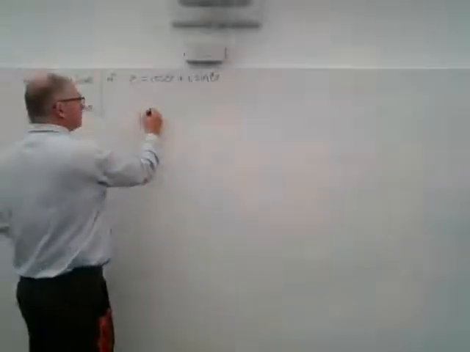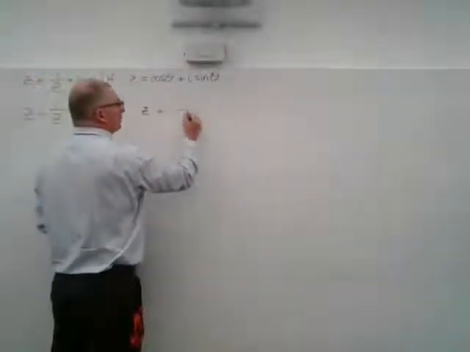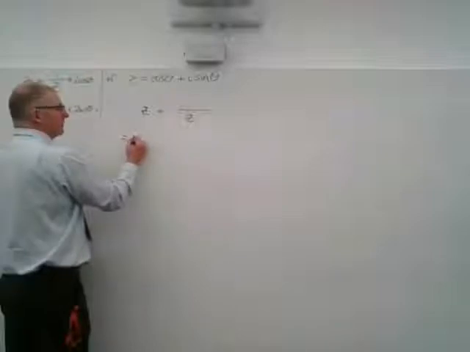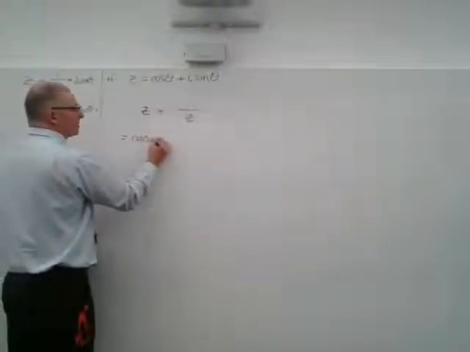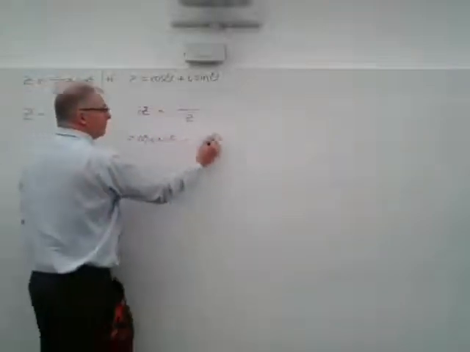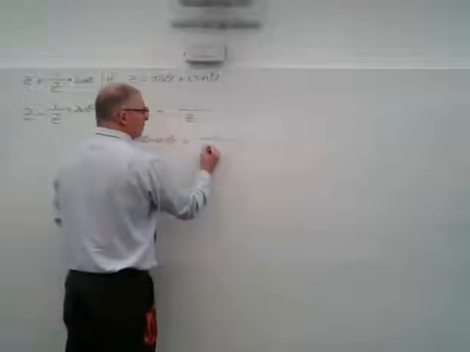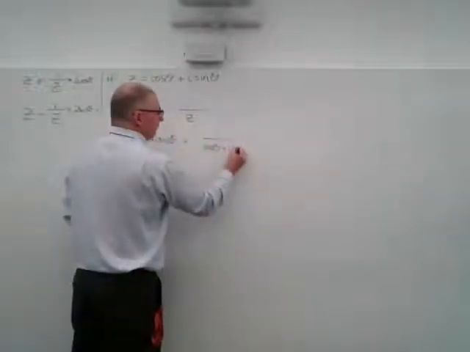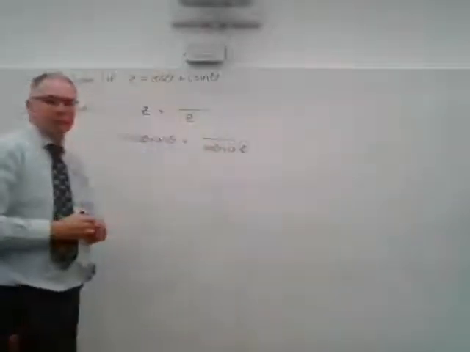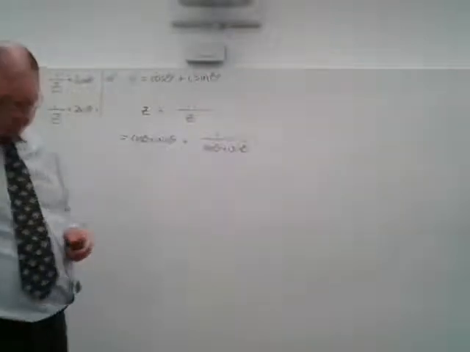Well, z plus 1 on z here would be the same as cos theta plus i sine theta plus 1 on cos theta plus i sine theta. That's z plus 1 on z.